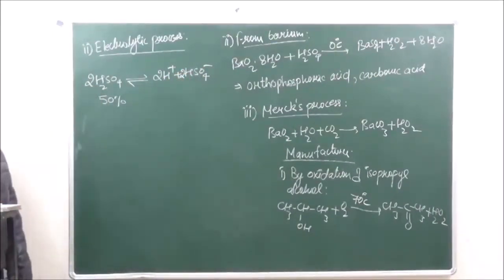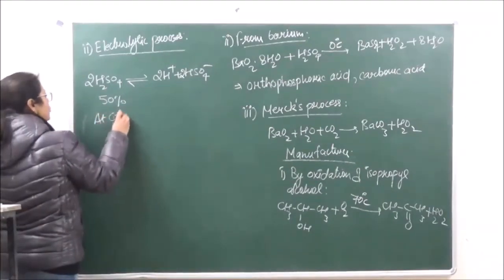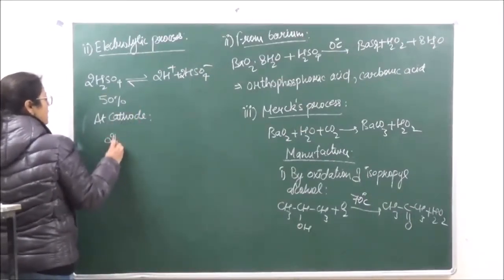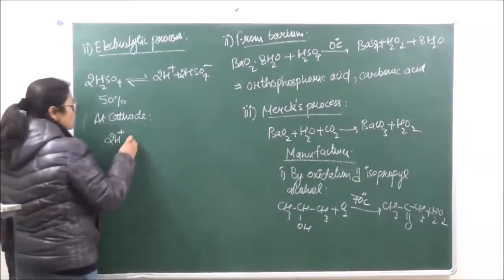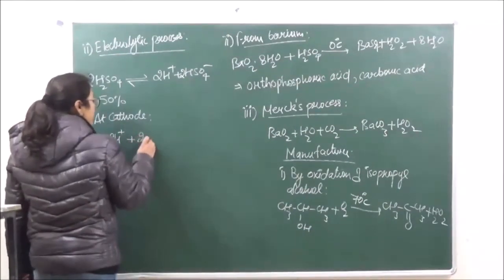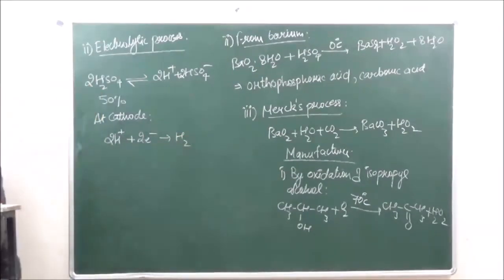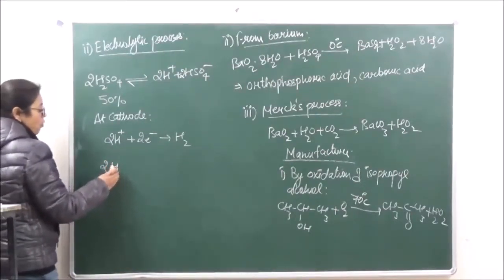Right? So this is what we are going to get over here. Now in this case, when we are looking at the reaction at the cathode, cathode पे क्या reaction होगा? We have 2H positive, ठीक है? That is going to gain 2 electrons to release hydrogen at the cathode, and we are looking at the anode over here. In case of anode, 2HSO4.